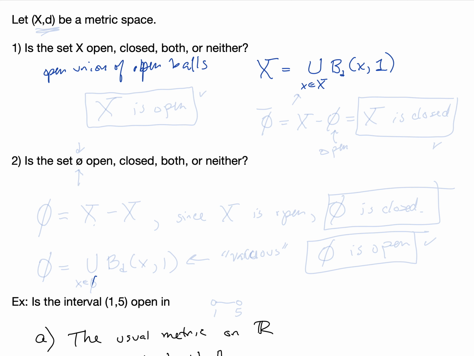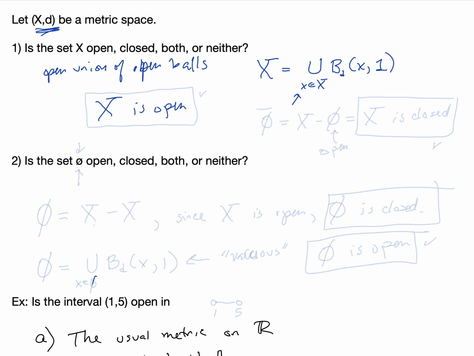It's clearly a union of open balls. We have no idea what size this union is; it depends on the size of the set. It could be finite, countably infinite, or uncountably infinite, but that doesn't matter. Our definition is that a set is open if it's a union of a collection of open balls. This is such a set, and it is the entire set X and nothing else. There's nothing else possible to include in it. So that tells us that X is open.